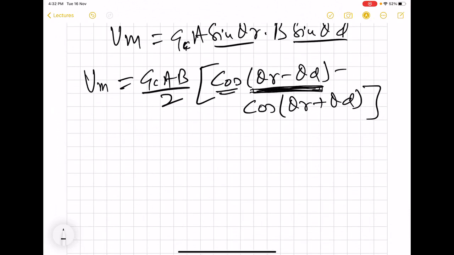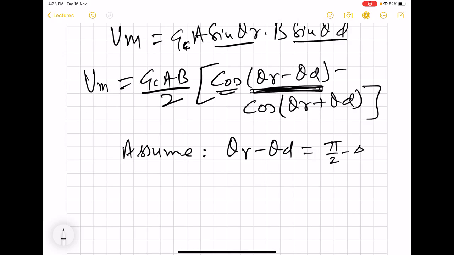So here, let us assume that we have this scenario, that theta R minus theta D is equal to pi by 2 minus delta theta, where delta theta is small.